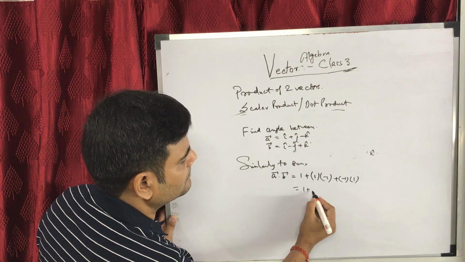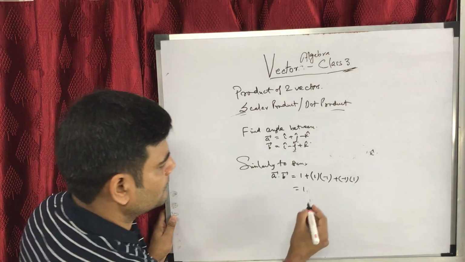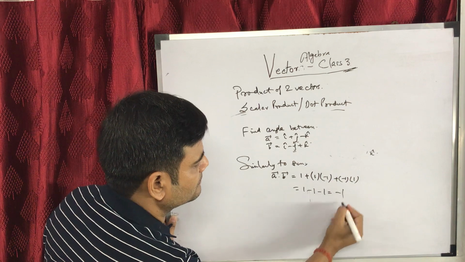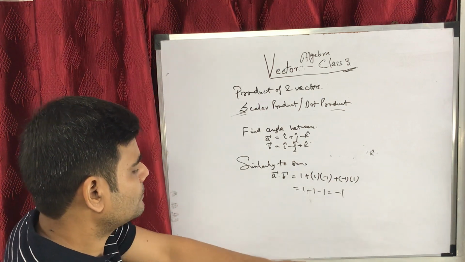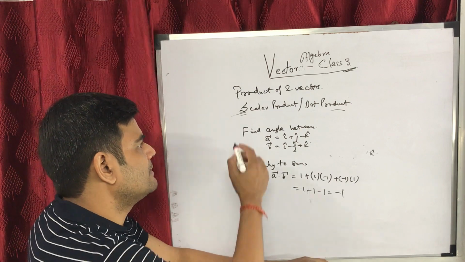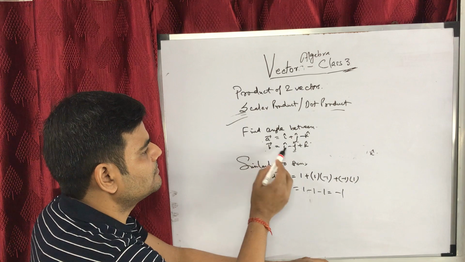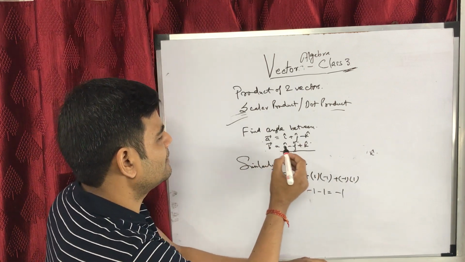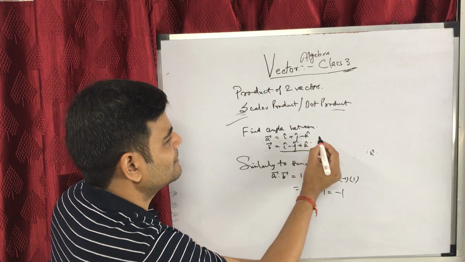So this becomes 1 minus 1 minus 1, that is minus 1. The very good thing about dot product is everything is very simple, as simple mathematics. A dot B is simply you multiply.